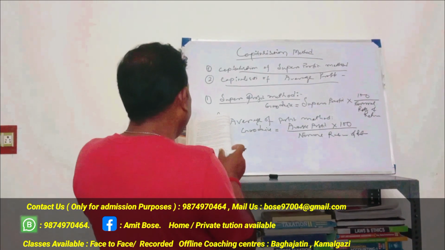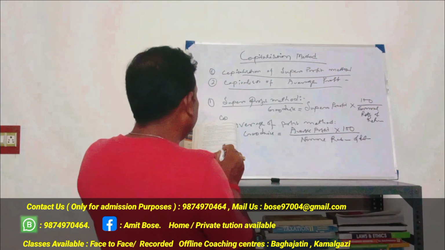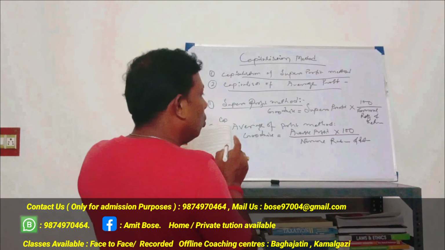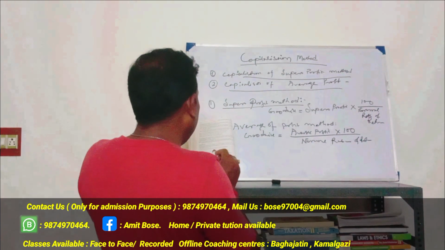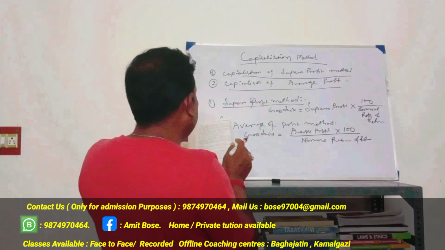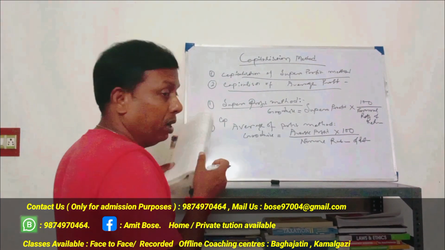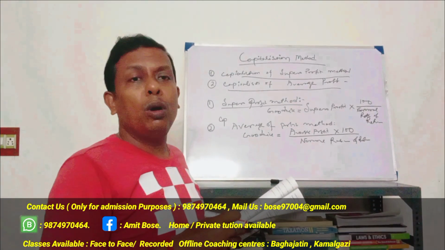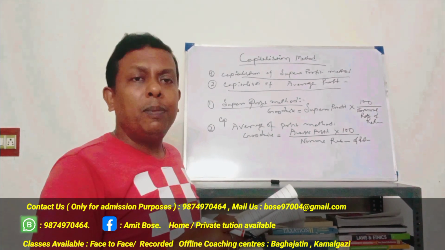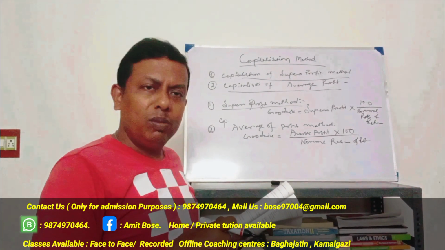Here the average profit is already given in the problem, 1,50,000, so we only need to find the normal profit. The normal rate of return is 10% on capital employed. I already said capital employed means the amount of capital invested in the business.